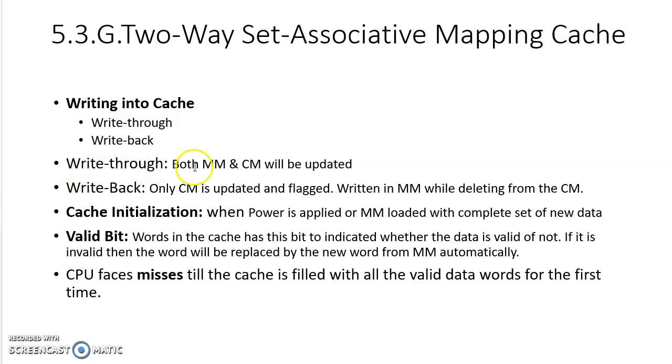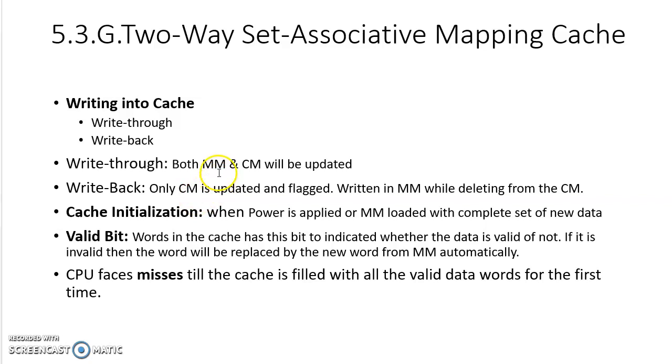In write through, you will be writing into both main memory and cache memory at a time, one after the other. So you will try to have the same data in main memory and cache memory, no conflict. But it is time consuming. The other method is write back. In this method you will write only into cache memory, because the CPU is first referring to cache memory only, and you are not updating the main memory.